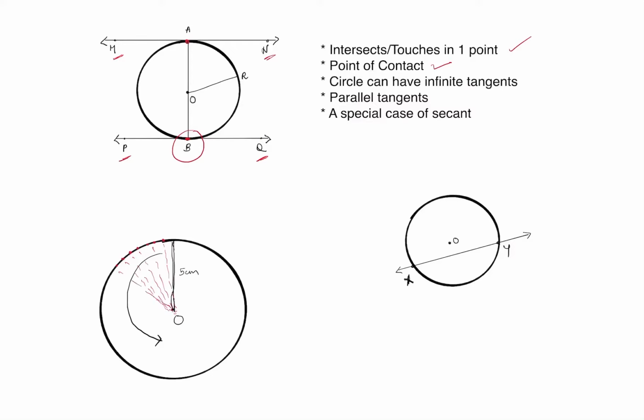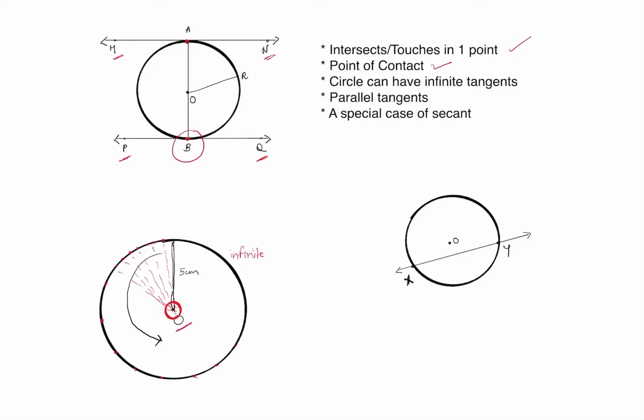So basically this set of points on this line, which we call the circle, are equidistant from the center. And how many such points can we say are there on the circle? Infinite. A circle is actually a set of infinite points which are simply equidistant from the center.